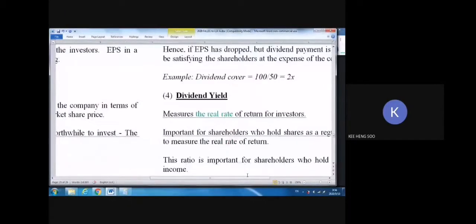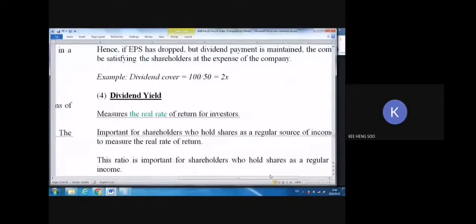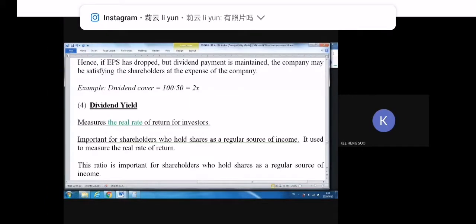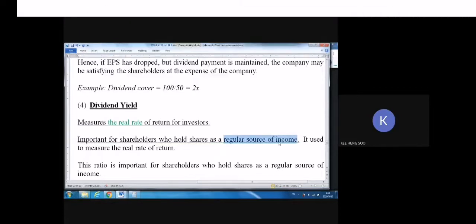So dividend yield is important for shareholders who are holding the shares as a regular source of income. Because, this old man like Su, if you retire, you put all your money in the company's shares, you expect them to pay higher dividends. If they pay the same dividend, but the dividend yield goes down because of the market price of shares, then these people who rely on it as a regular source of income will suffer.